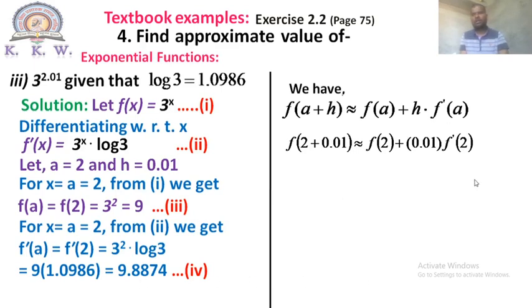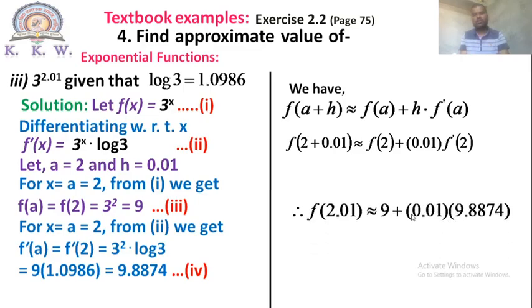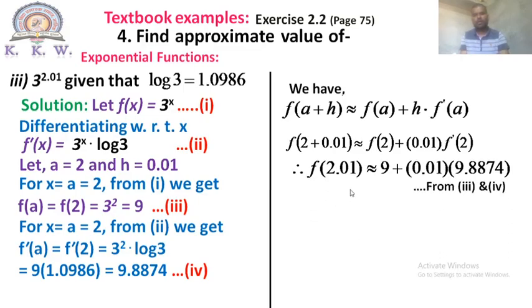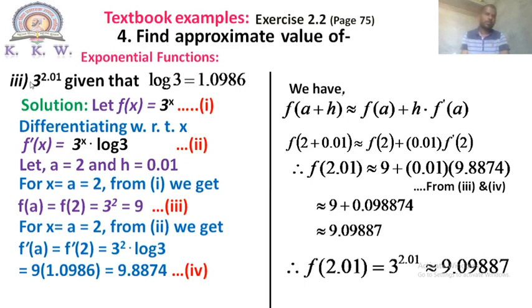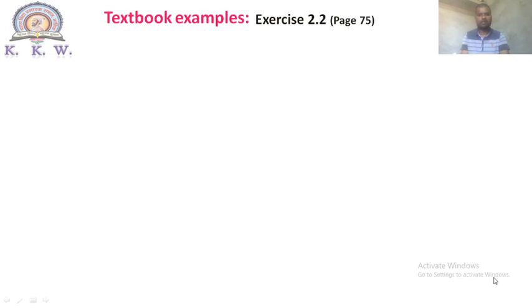By putting this value and calculating, we'll get f of 2.01 approximately equal to 9.09887. Therefore, approximate value of 3 raised to 2.01 is 9.09887. Next example.